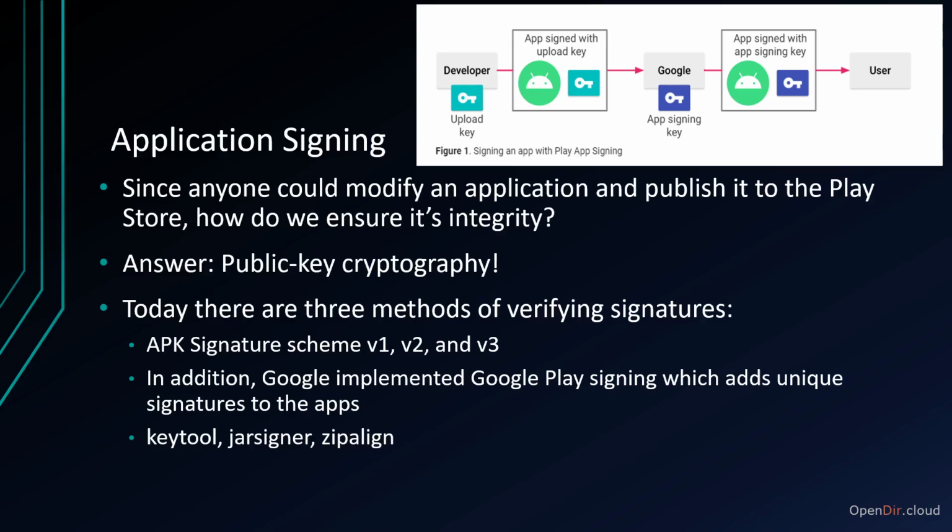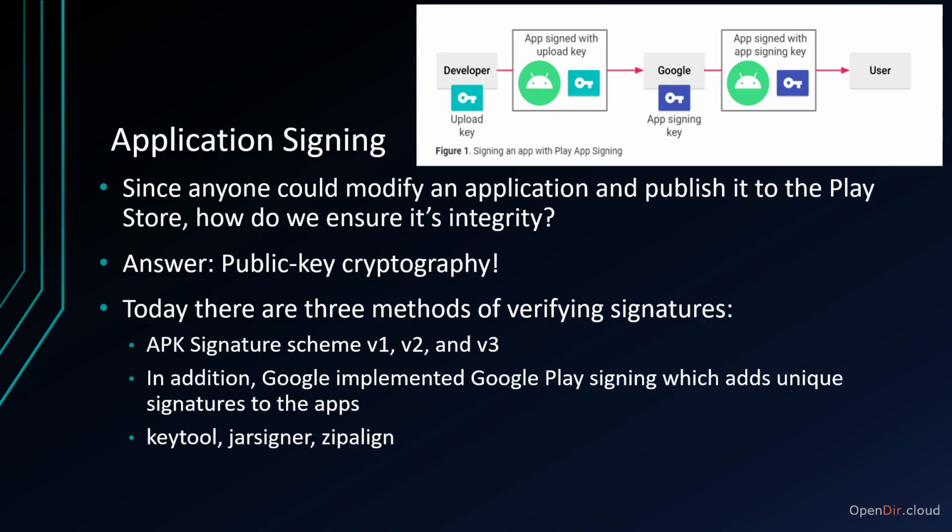In addition, Google has implemented a special version of signing called Google Play Signing, which adds another unique signature to the application. If we look at our process in the top corner of the screen, you'll see the developer has their own key that they're uploading to the Google Play Store. The application, when they build it in Android Studio, for example, is signed by that key.